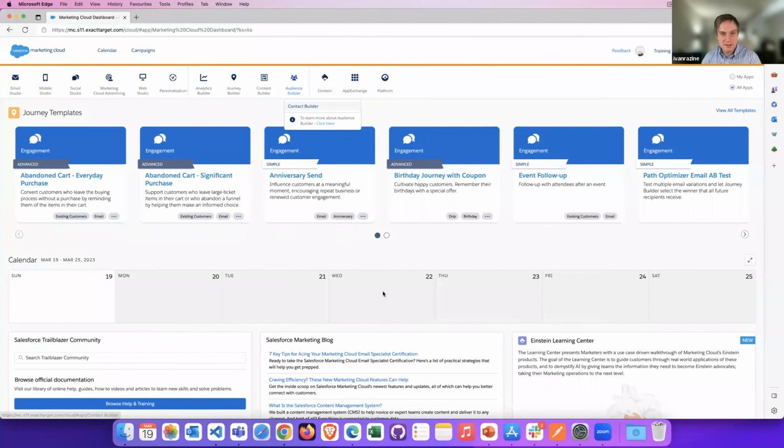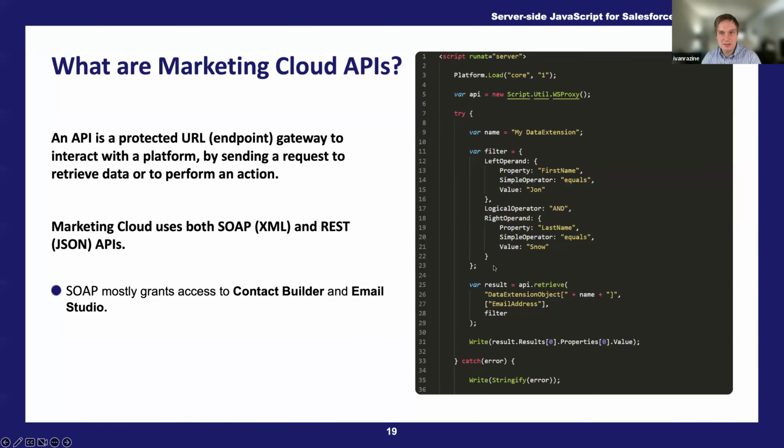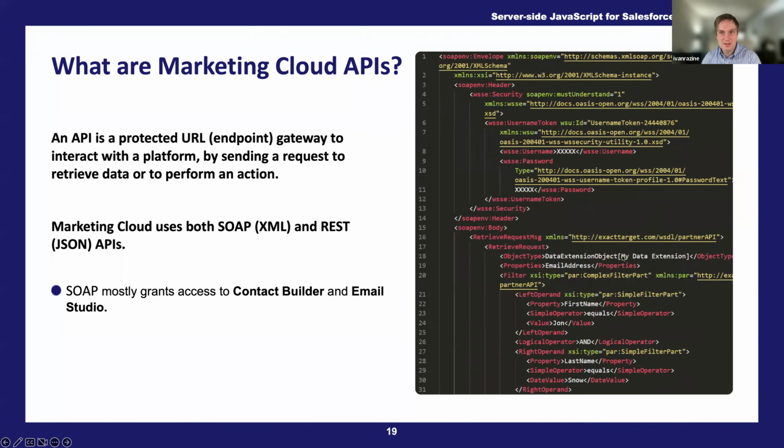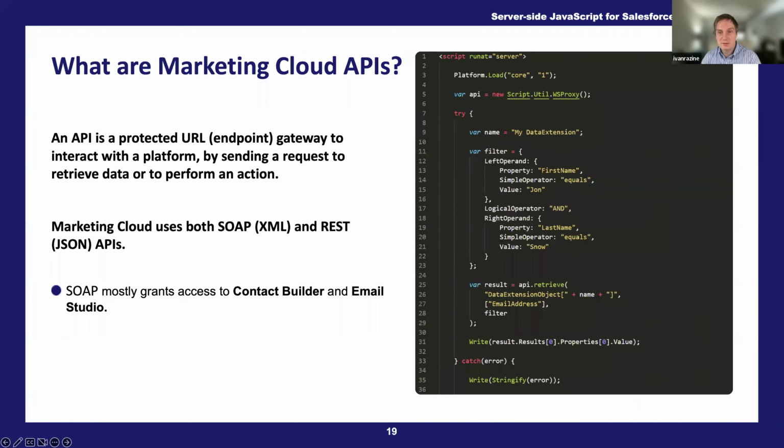But if you write it in server-side JavaScript, you can see that the syntax went from this mess to something structured, which is way better, right? You can see some similarities here.